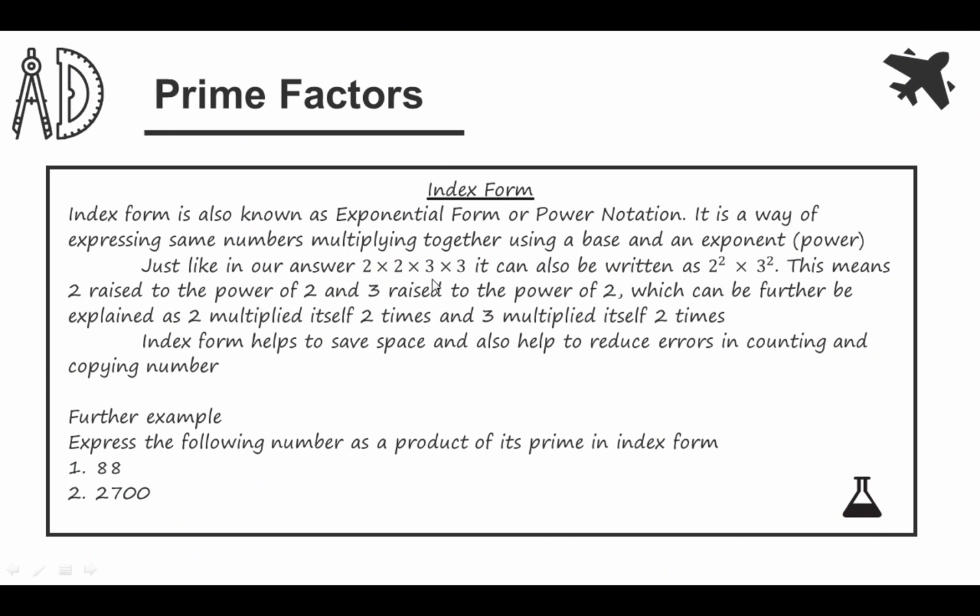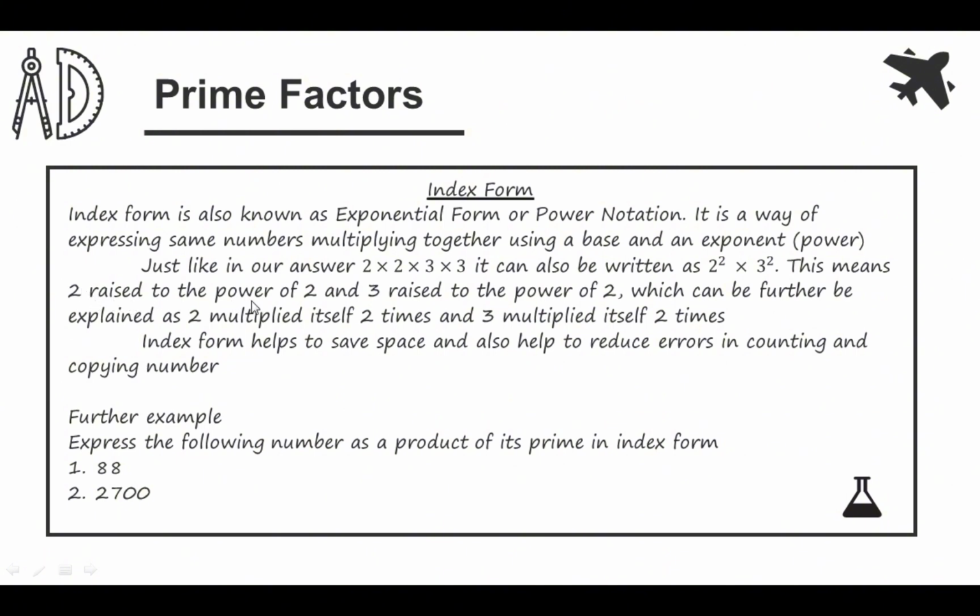How do you get 2 raised to power 2? 2 is multiplying itself how many times here? 2 times, right? So we take the 2 and raise it to the power of 2, because it's multiplying itself 2 times. 3 is multiplying itself how many times? 2 times again. So we take one of the 3s and raise it to the power of 2, because it's multiplying 2 times.